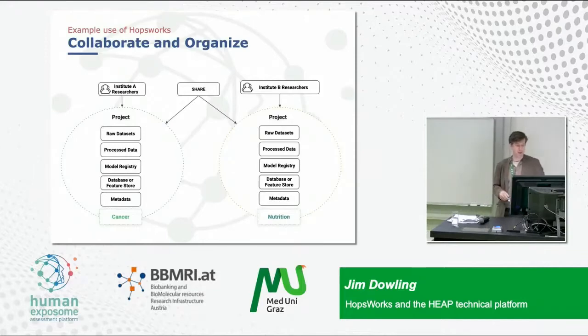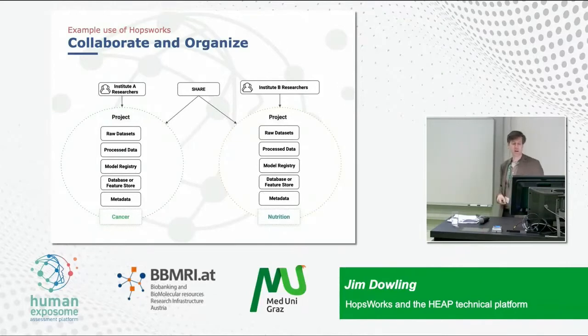So another thing that the platform does, I mentioned already, is this support for what we can call research projects, where you have your own private project. You can see on the left-hand side we have Institute A researchers inside this project, and maybe the project is related to cancer and they have a lot of data related to cancer. Maybe you're doing AI and they have models.